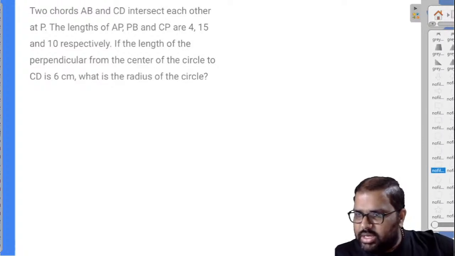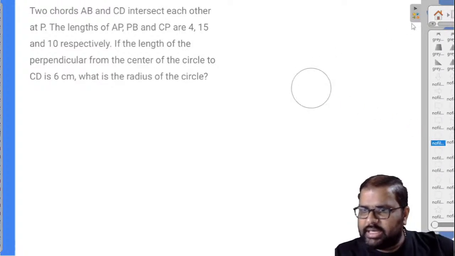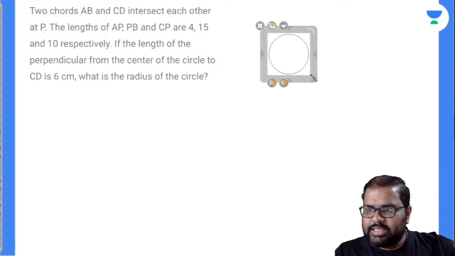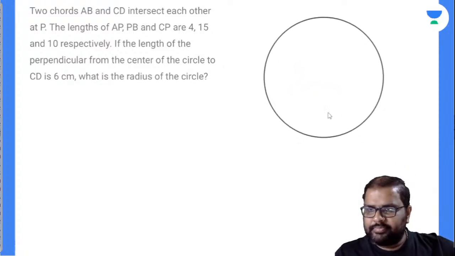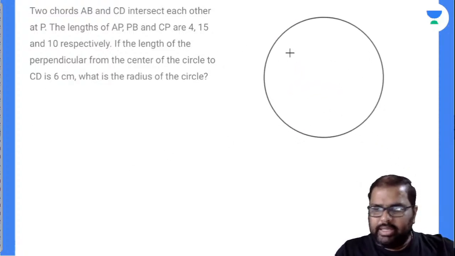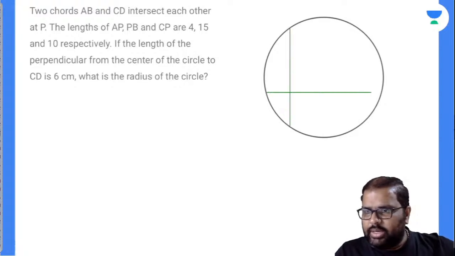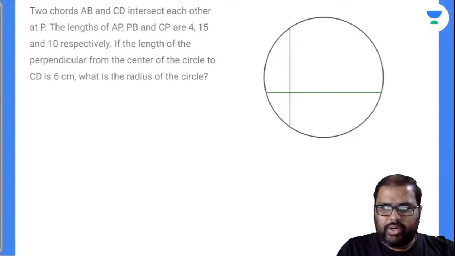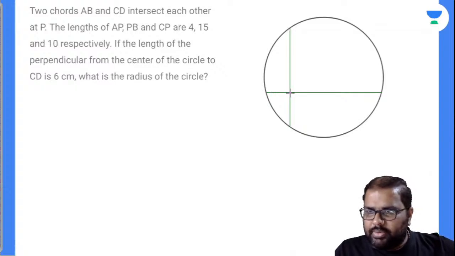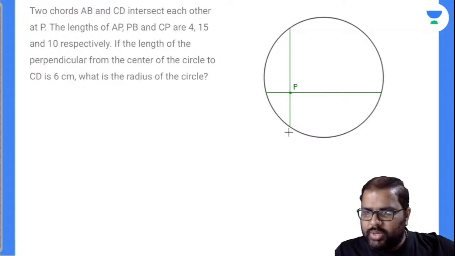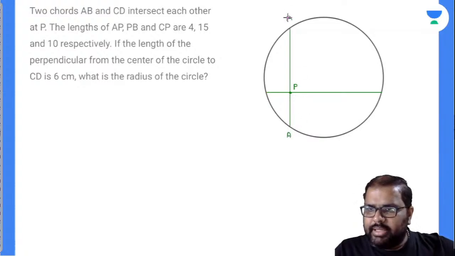First of all, I will take a circle. Now AB and CD are two chords. We take them down like this, and they intersect at a point called P. AP is the smaller part, so I'll mark this as AP, and this is PB.